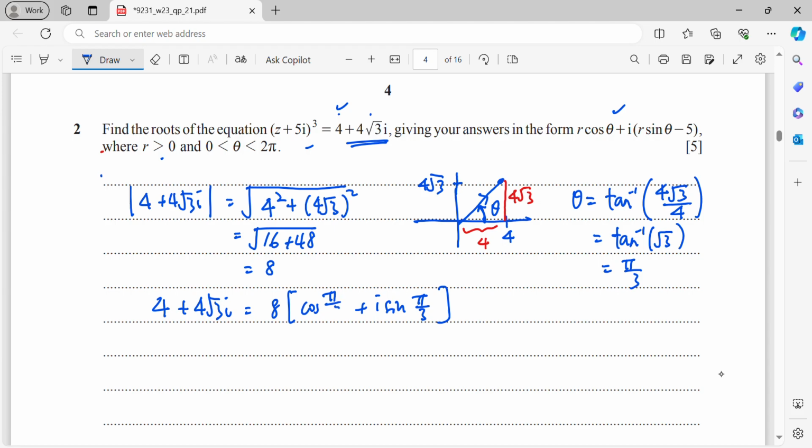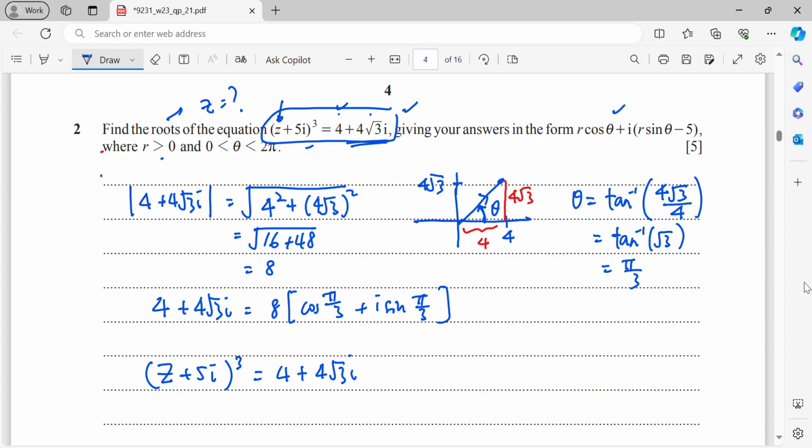Okay, now to solve this problem, I will start with (z plus 5i) cubed equals 4 plus 4 root 3i. Then from here, to solve the roots means that you need to find z, because in this equation you have the unknown z. Alright, that is the root.